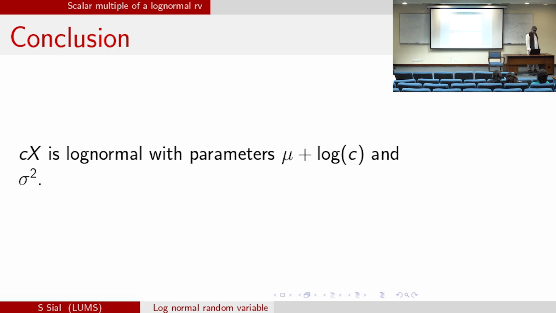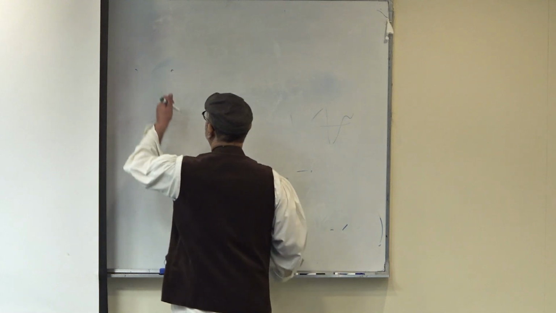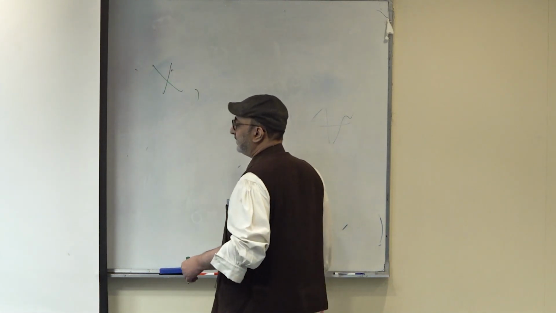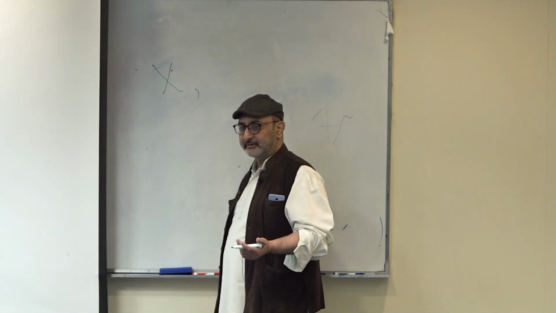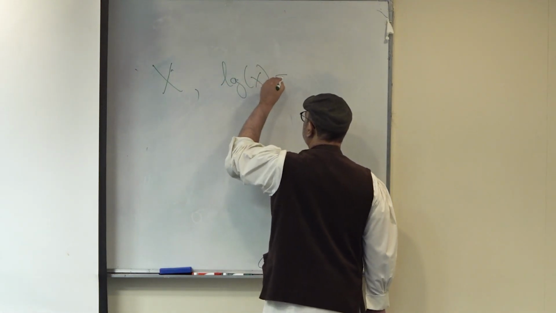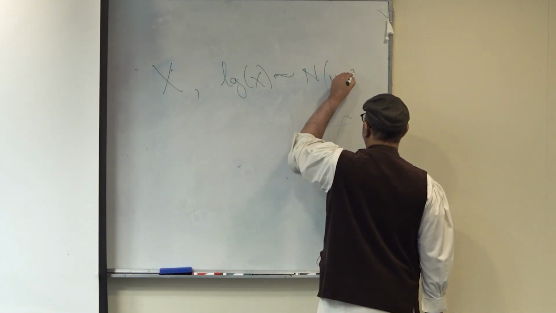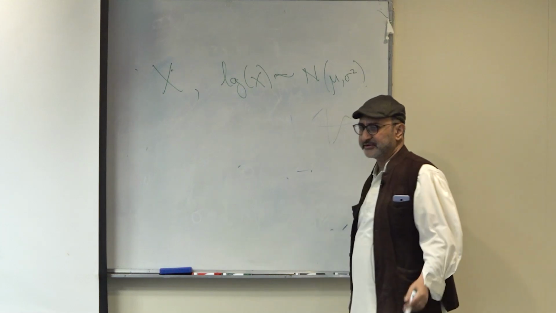What do you think about the reciprocal of a log normal random variable? X is log normal. What about 1 over X? If I take the logarithm of X, that gives me something which is normal with parameters mu and sigma squared.